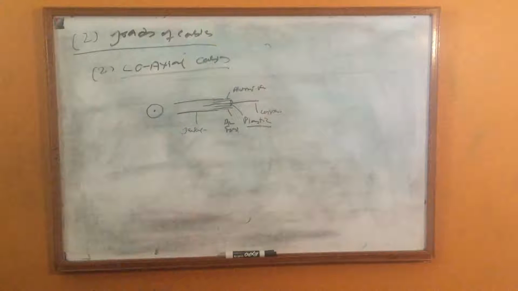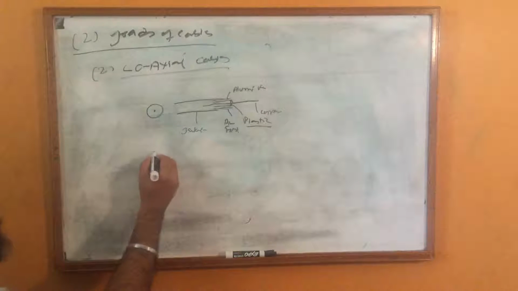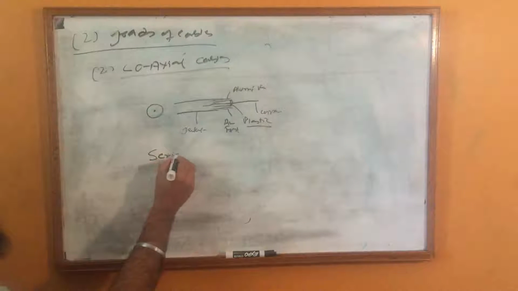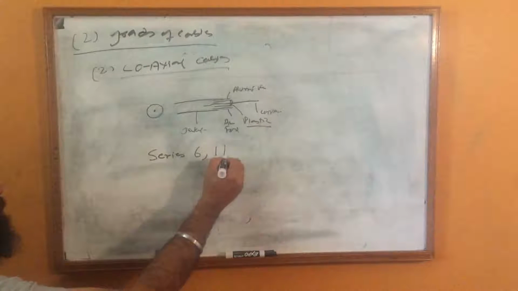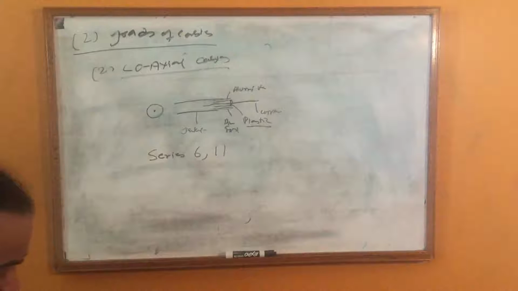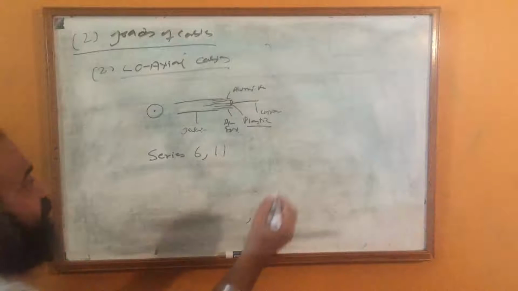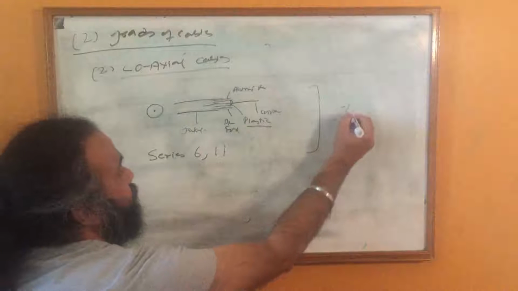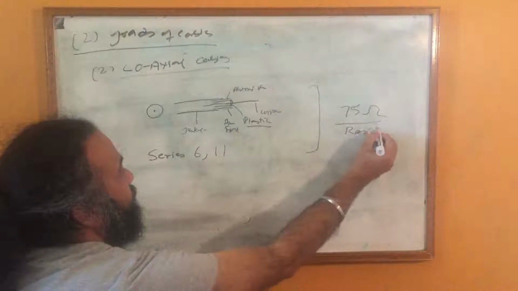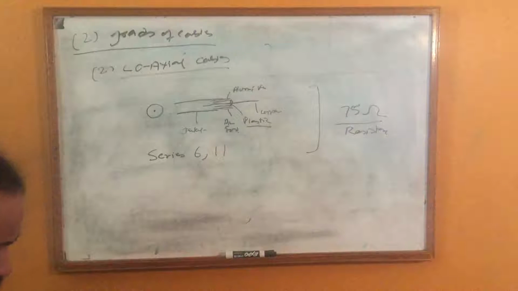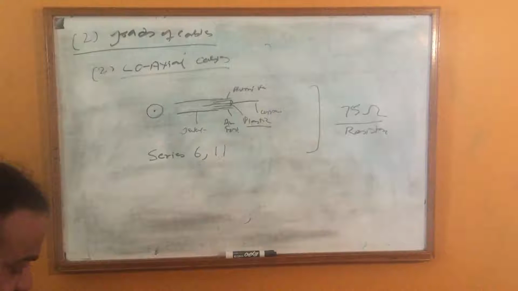There are standards behind it. What we call them is series, not CAT. Most of the time they are series 6 cables or series 11 cables. And the resistance for these cables is 75 ohms. That's all you need to know. It's not much significant here.